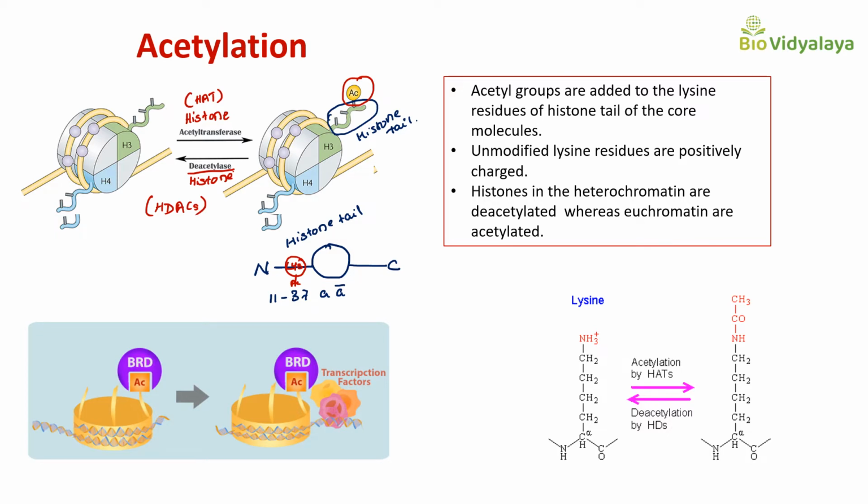So, acetyl groups are added to lysine residue of histone by histone acetyltransferase, and it is removed by histone deacetylase. Okay. You have to remember that acetylation will lead to activation of the gene.